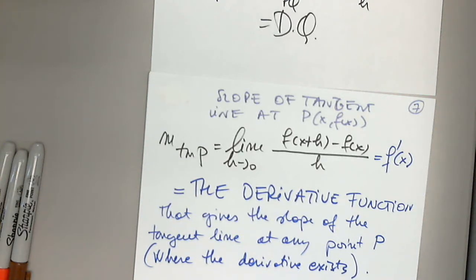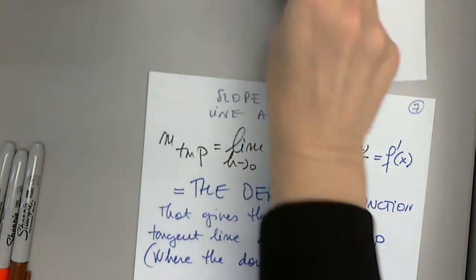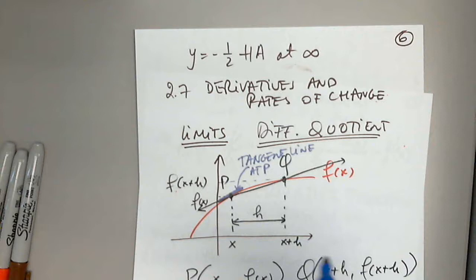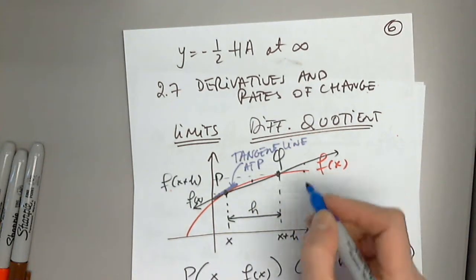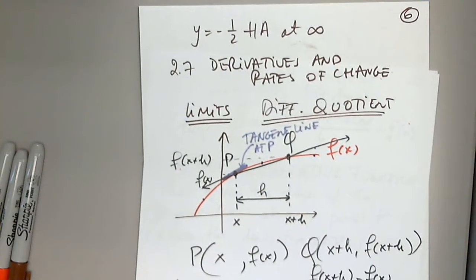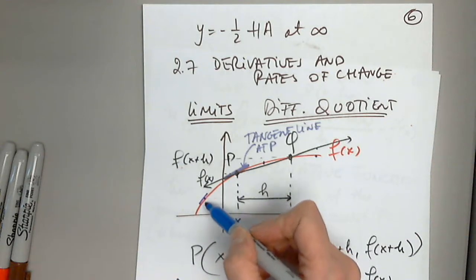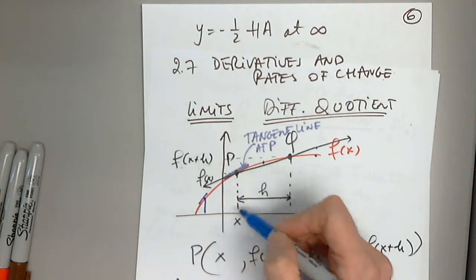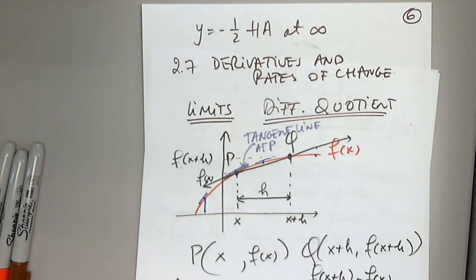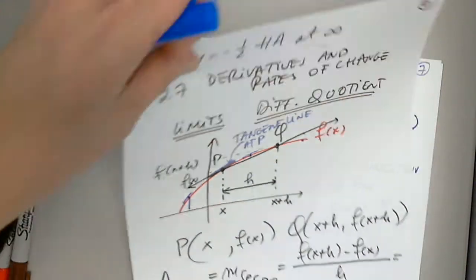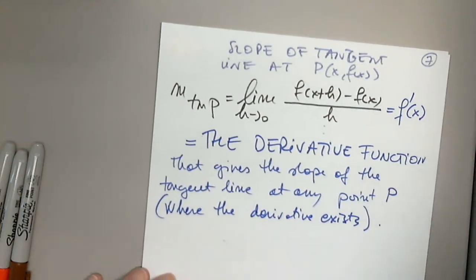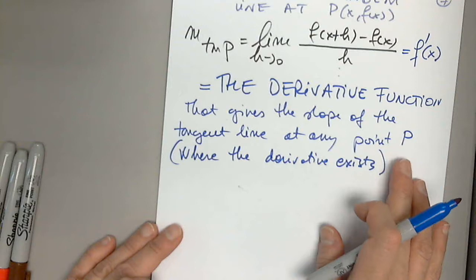So we prefer f prime of x. So what does this give? At any point P, anywhere you want. P can be here, or here, or here. It doesn't matter. At this point for this x, at this point for this x, and so on and so forth, this function will give us the slope of the tangent line at any point.